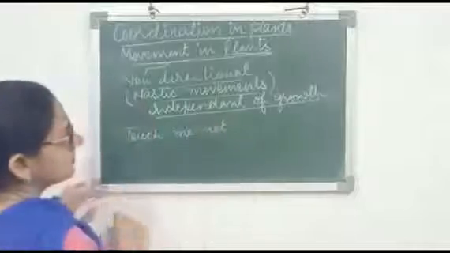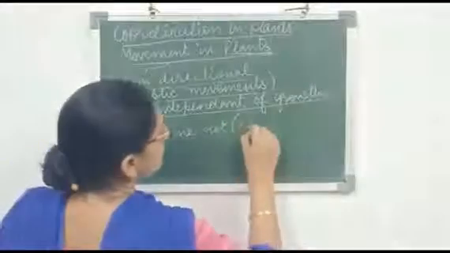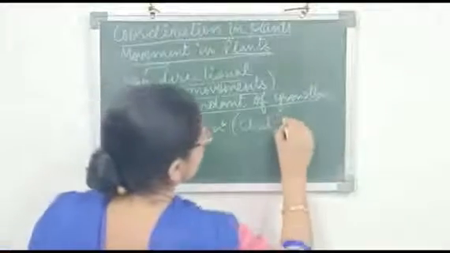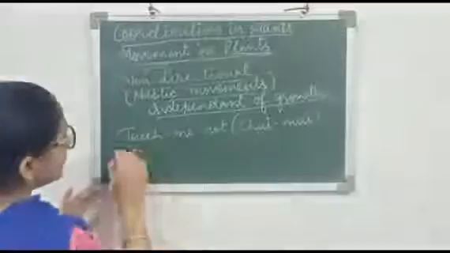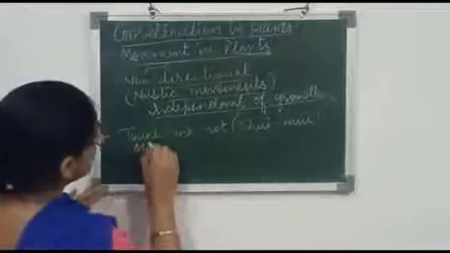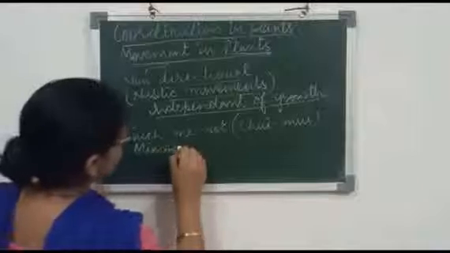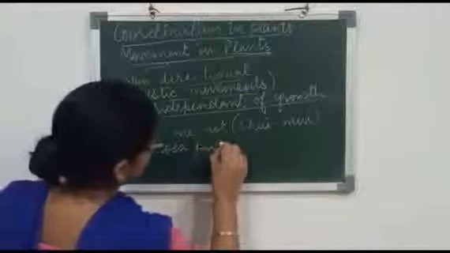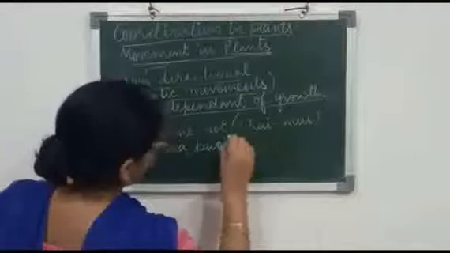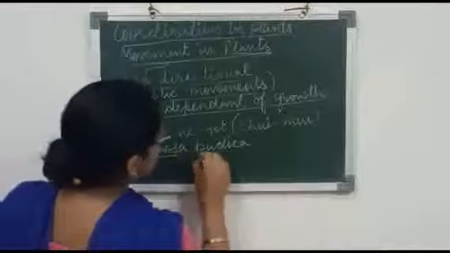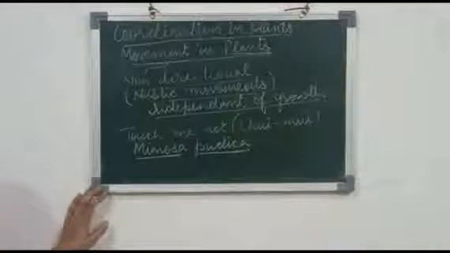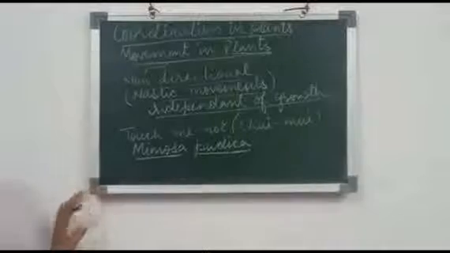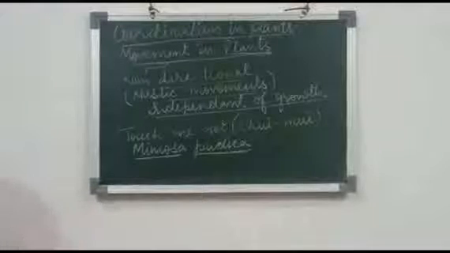The other common name for it is chui mui, and its botanical name is Mimosa pudica. So this plant is very interesting. When we touch the leaves of this plant, what happens? They droop down.